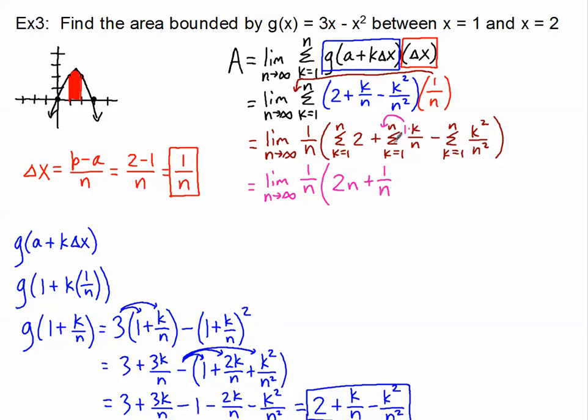And then what's left is the summation of k, and that formula would be n plus 1 over 2. And then my minus. I've got my 1 over n squared constant that's going to come right outside here. So there's my 1 over n squared. And then the summation of k squared would be left, and that's the n plus 1, and the 2n plus 1 all over 6.